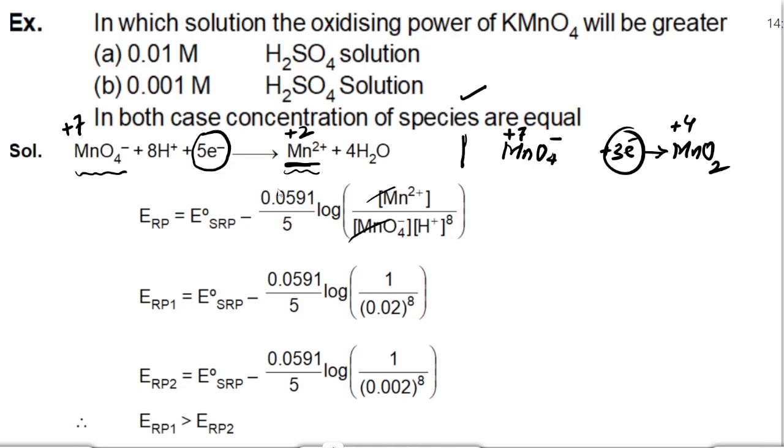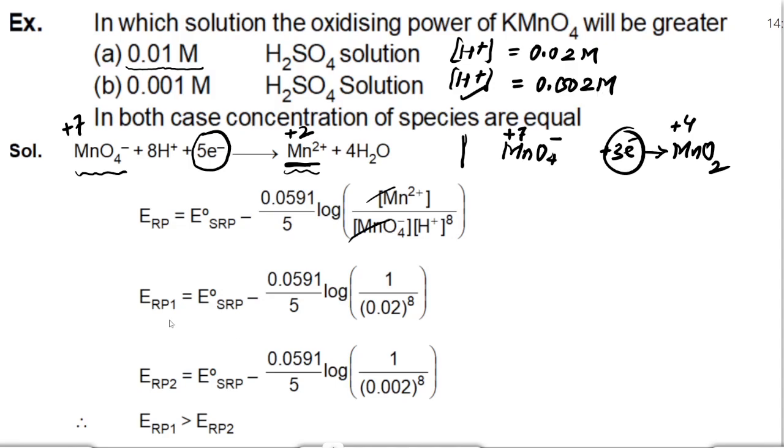So H plus concentration here, it is 0.01 molar H2SO4, so H plus concentration is 0.02. In the second case H plus concentration is 0.002.